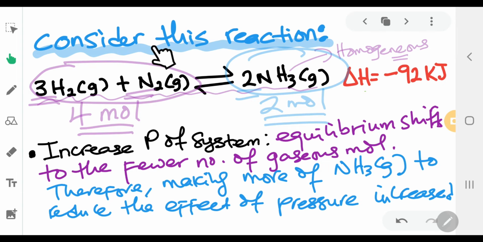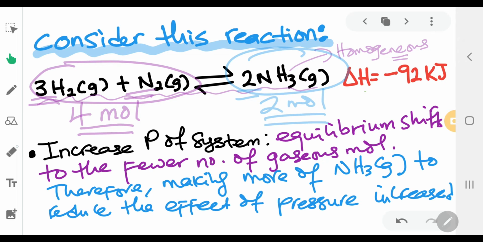You increase the pressure, so the reaction will counteract and make fewer moles of gas. If you have more of this inside the vessel, then you will counteract the effect of the pressure being increased.